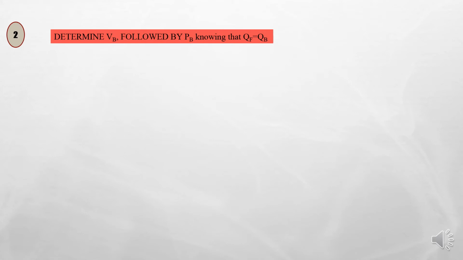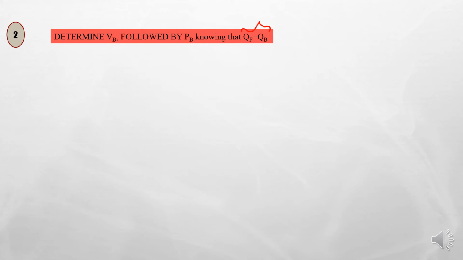So how can we get the VB? This is where we relate point F and point B. By using the concept of continuity, we know that QF will be equal to QB.